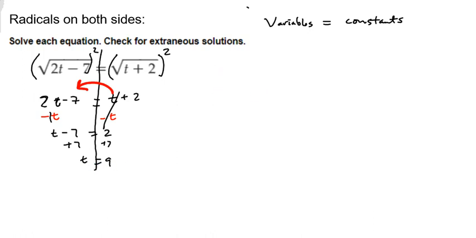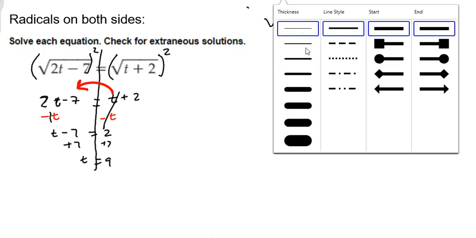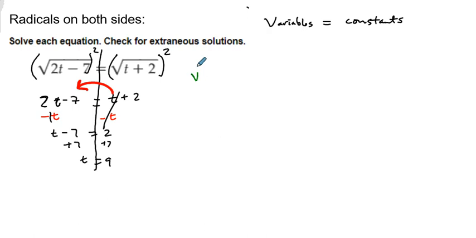We are going to do our check steps, and I'm going to do that in a different color. We'll do that in green. Green's a good check step color, I think. So we're going to go square root of 2 times, and now we put in our t, which is 9, minus 7, should be equal to the square root of 9 plus 2.